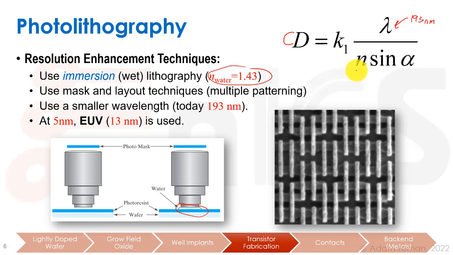Together, this is the numerical aperture of the lens. To get a big alpha, what we need is a huge lens. As you saw in the picture in the Kahoot question, we really have a big machine. A lot of that machine is actually the lens, which has to be really big, heavy, huge and expensive to make a large sine alpha.